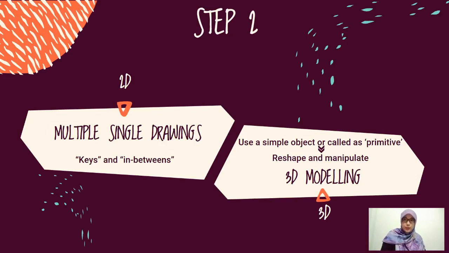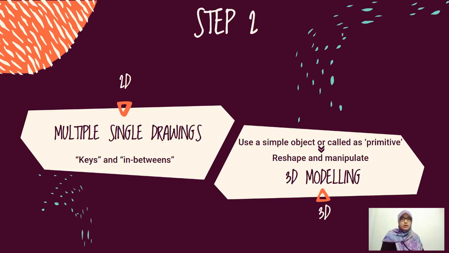For 3D, we have 3D modeling. What is 3D modeling? In 3D modeling, we move the characters like a puppet. The most common technique used is a simple object, called a primitive. The primitive can be a single line, a vertex, or even a circle.